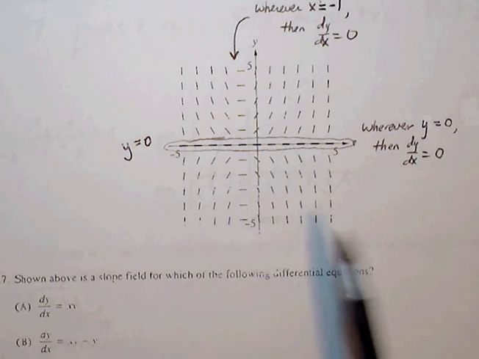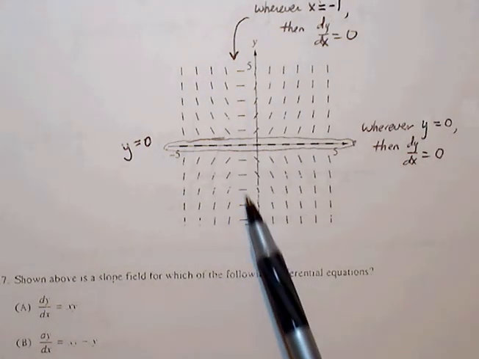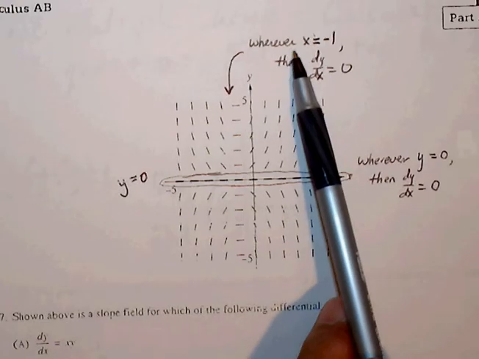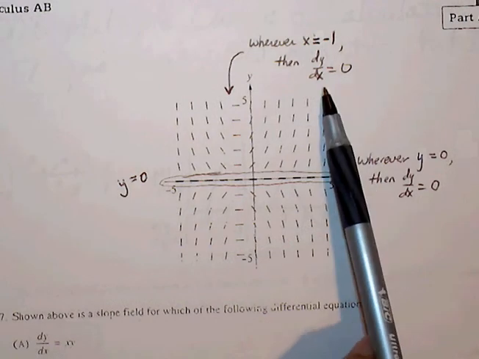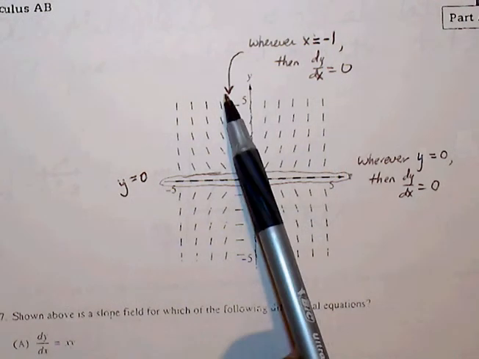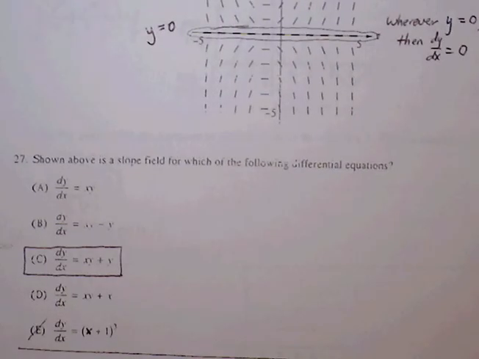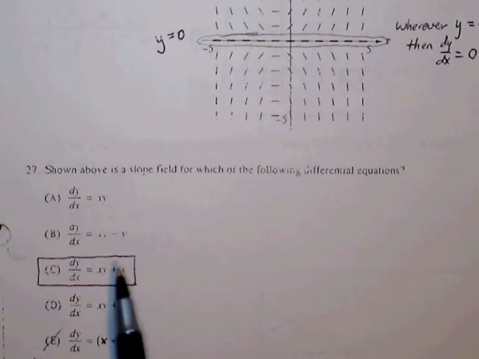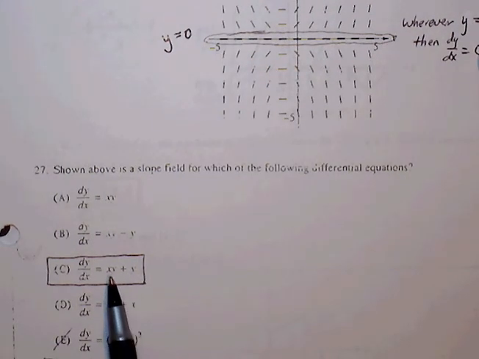Another easy slope is where x is equal to -1. Whenever x is equal to -1, my dy over dx must always be equal to 0, because I see that's the case here. And so the only one that's going to work will be xy plus y. If y is 0, then I'm going to get 0 plus 0.